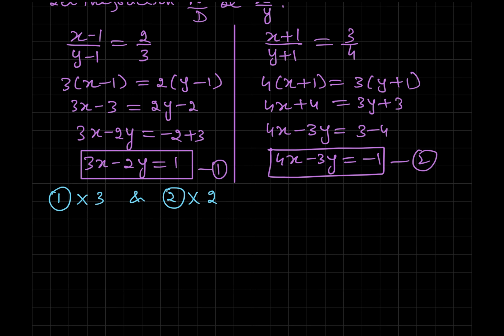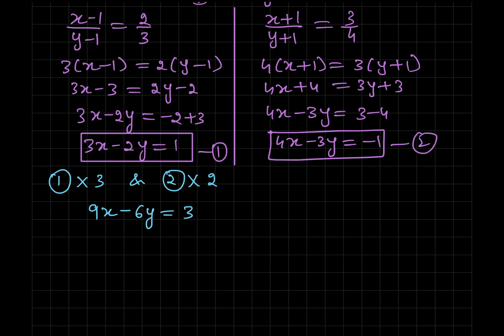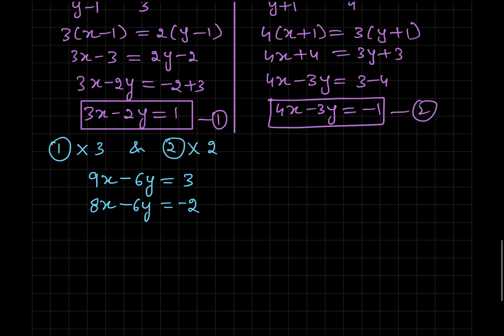So I am actually eliminating y by doing this. So multiply equation 1 by 3: 3 3's are 9x minus 3 2's are 6y equals 3 1's are 3. Then equation 2 by 2: 4 2's are 8x, negative 3y into 2, so negative 6y, and negative 1 times 2 would give me negative 2.